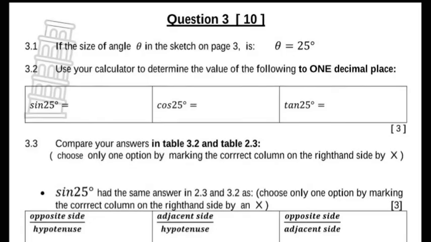We're now on to question 3. 3.1 says, if the size of the angle theta in the sketch on page 3 is theta is equal to 25 degrees. What that means is the diagram that was initially given to us, where we had theta, that is 25 degrees.